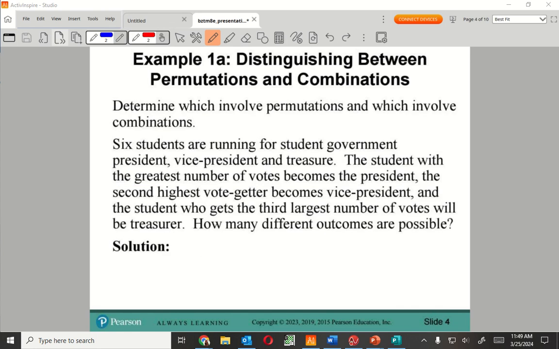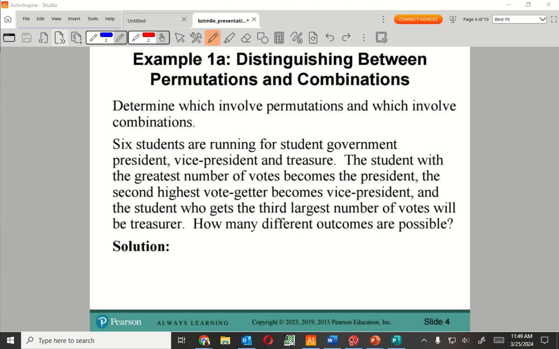So let's look at this one. Determine which involve permutations and which involve combinations. 6 students running for student government: president, vice president, and treasurer. The student with the greatest number of votes is president. Second highest gets vice president, and the student who gets the third largest votes will be treasurer. How many different outcomes?